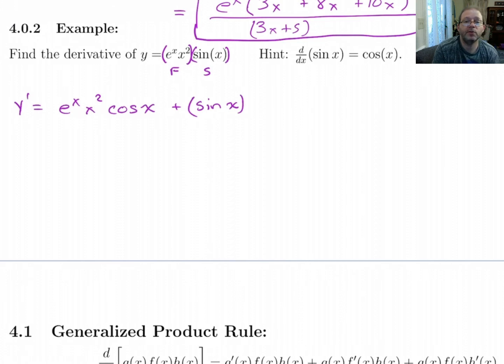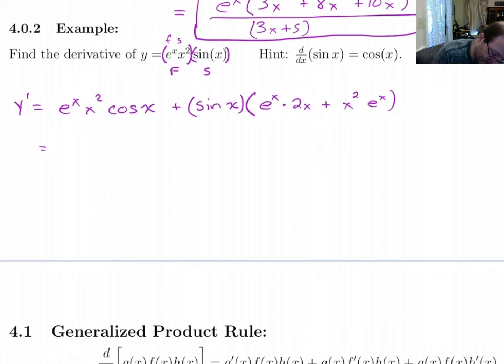And now when I do the derivative of the first, I have to use the product rule while doing that derivative. So derivative of that first thing is going to be first times derivative of the second plus second times derivative of the first.